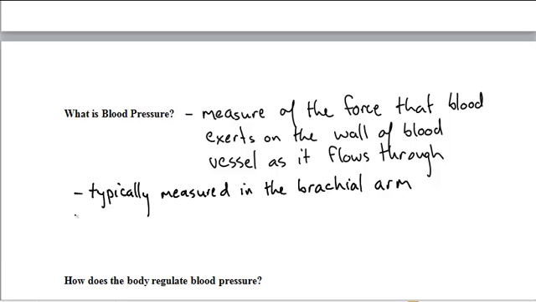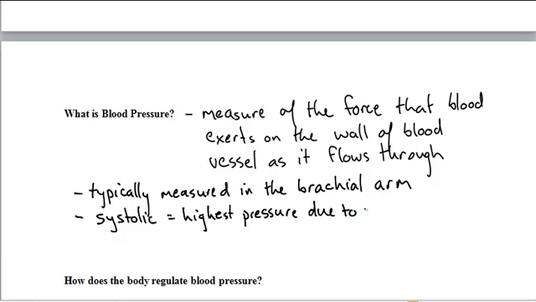And when we measure it, we actually take two measures. What's called your systolic number, which is the highest pressure in your brachial artery due to ventricles contracting. It's called systolic because another word for contracting is systole.